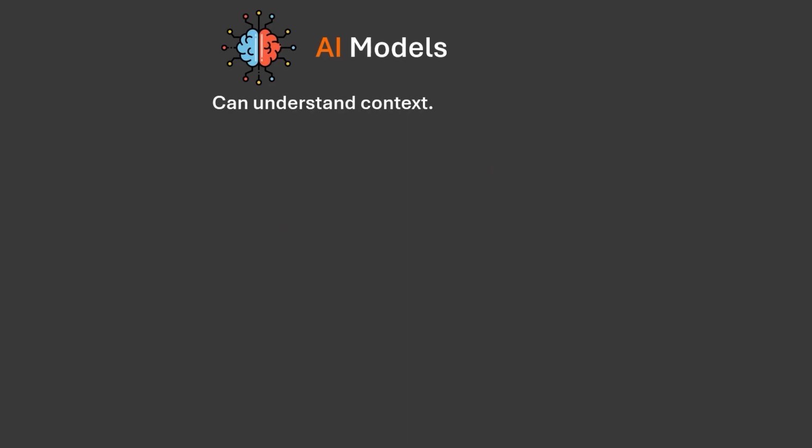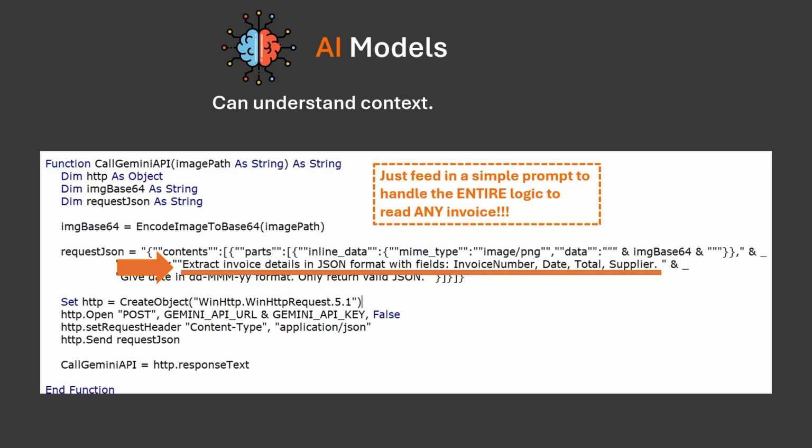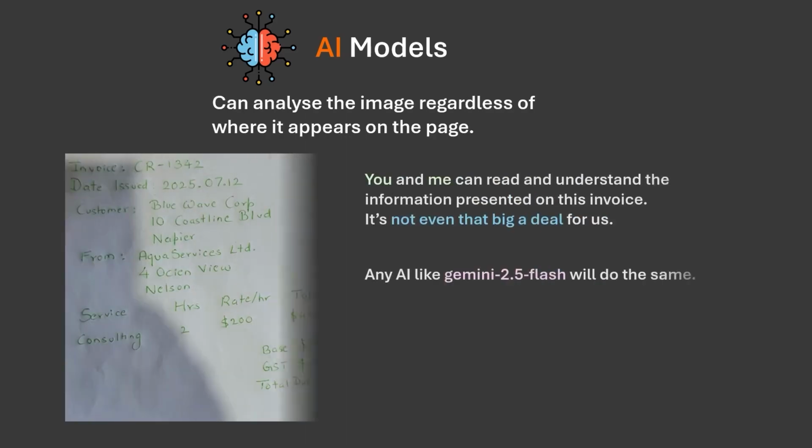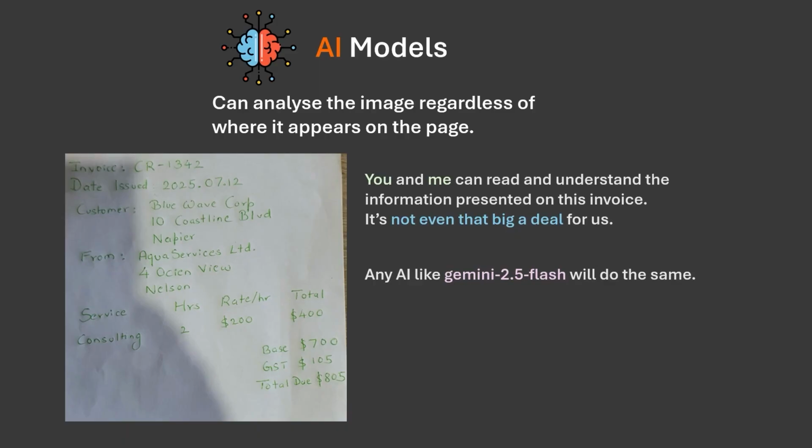We simply send the image along with a text prompt like extract the invoice, date, supplier, and total amount in JSON format. The AI analyzes the image, identifies the requested information regardless of where it appears on the page, and structures it for us.